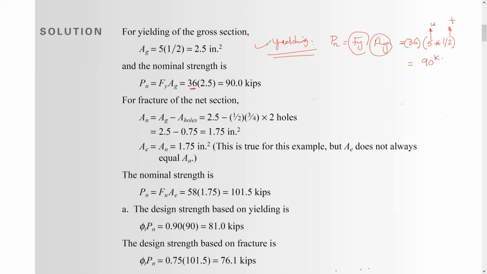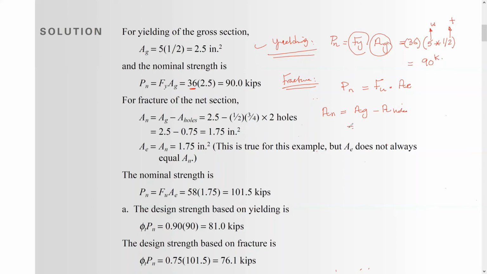Right now, let's move to the fracture and keep the LRFD method and ASD method for later. For fracture, the nominal strength, this is the nominal strength, not the design strength, is equal to Fu, the ultimate stress, times the effective net area. Right now we need to calculate the net area. The net area here is going to be the gross area minus the area of holes.